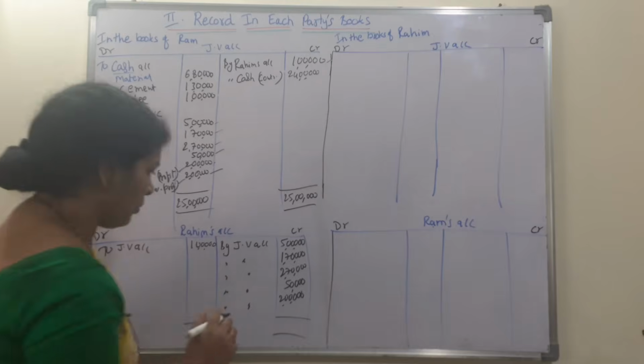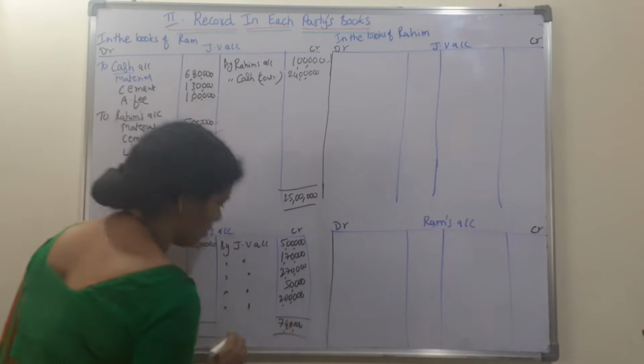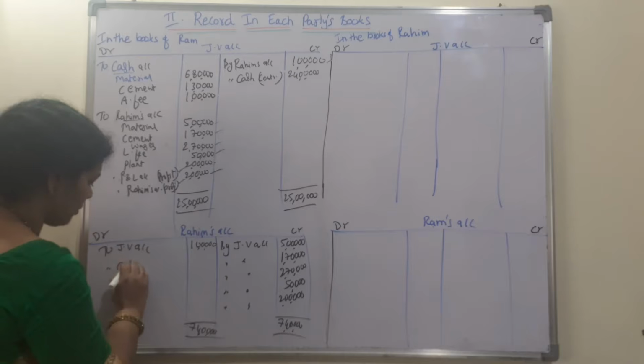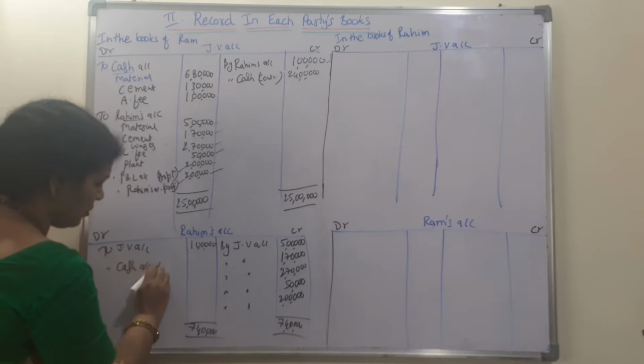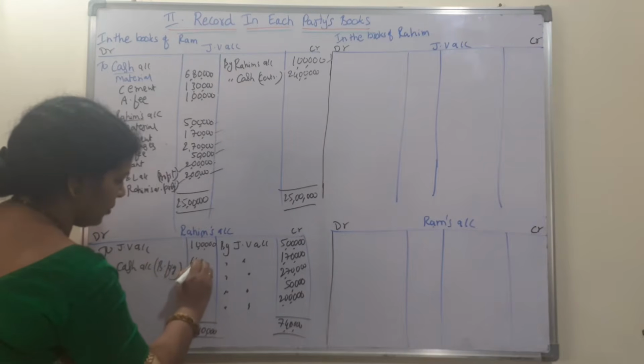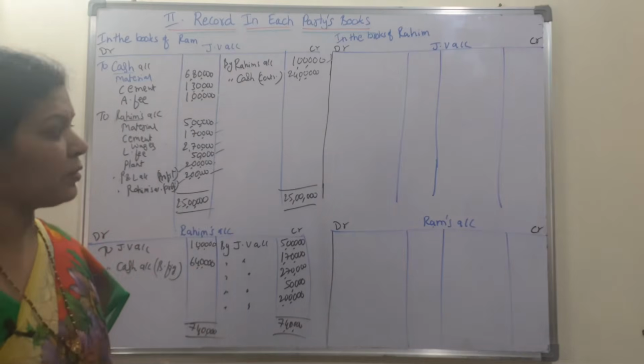It is 7 lakh 40. Difference we will say to cash account. So this is the balancing figure. 7 lakh 40 minus 1, 6 lakh 40,000. Raheem's account is over.